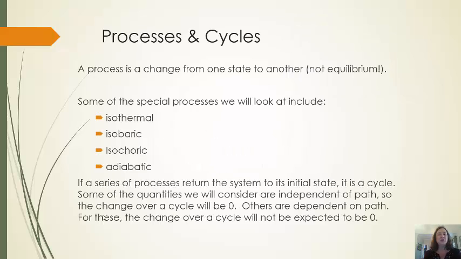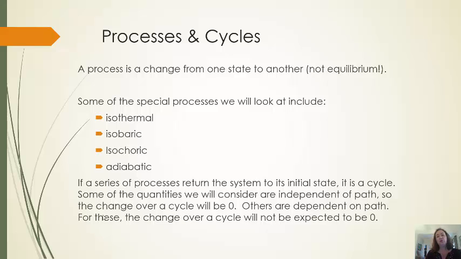Now, much of this course is going to be related to processes and cycles. A process is a change from state 1 to state 2, which is distinctly not equilibrium. Thermodynamic properties are only defined for equilibrium, and I'm saying we're going to apply them to processes. It'll be okay. We have a lot of special processes we define.